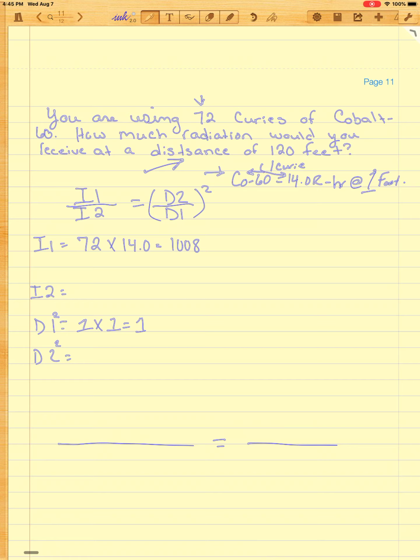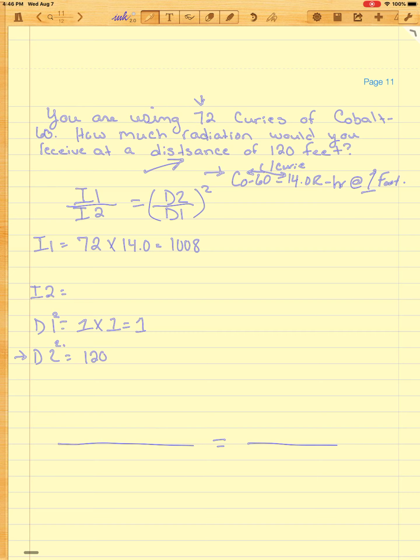Now, our intensity 2, we don't know yet, but if we read the problem, how much radiation would you receive at a distance of 120 feet? When they give us a distance, there's only one other place a distance can go, and that would be right here. So we can go ahead and put that 120 here.